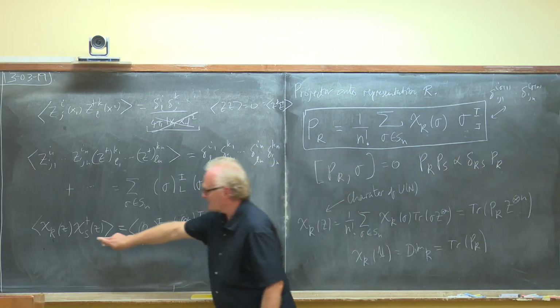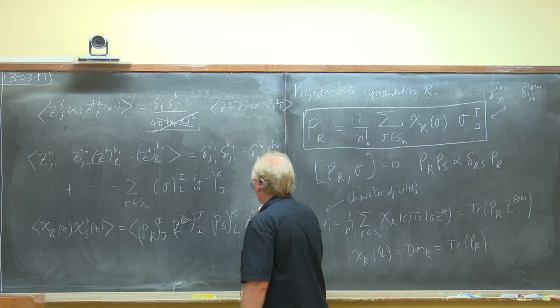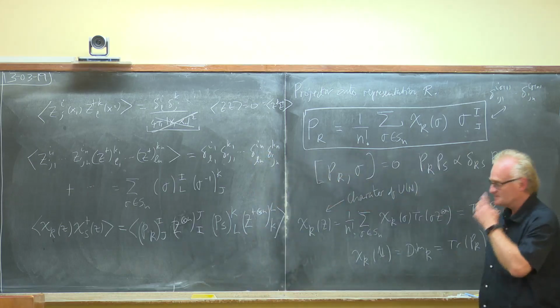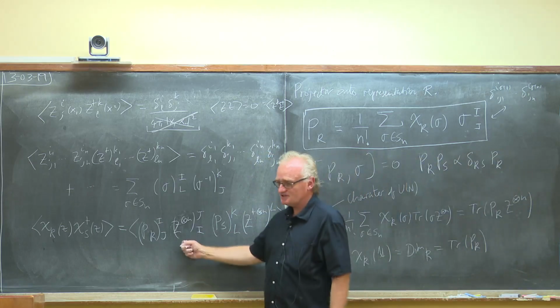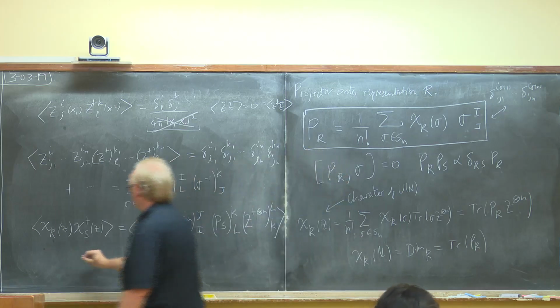And then for chi S, we would have P_S, k l, z dagger tensor n l k. Now, the only thing that we contract are these two guys, which gives this over here.